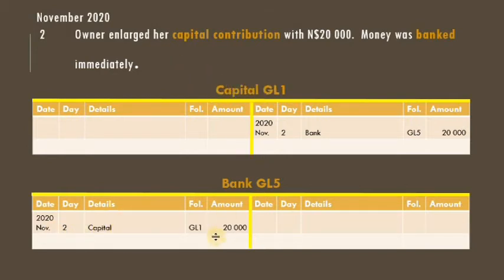Remember the name, it is GL1, 20,000. So here we have the double entry system. We have two accounts that are being affected. One is debited and one is credited. So we now know that our double entry is complete for this specific transaction.